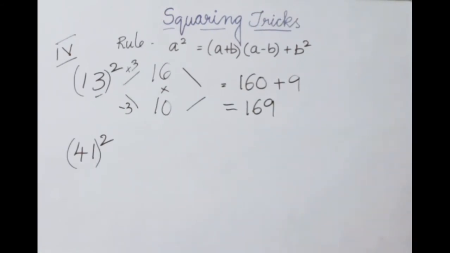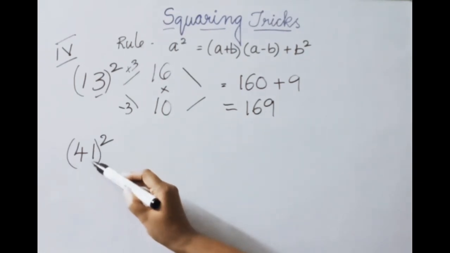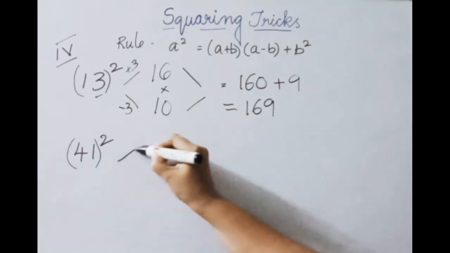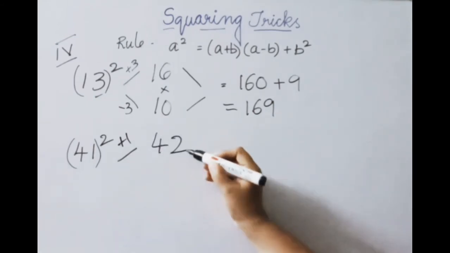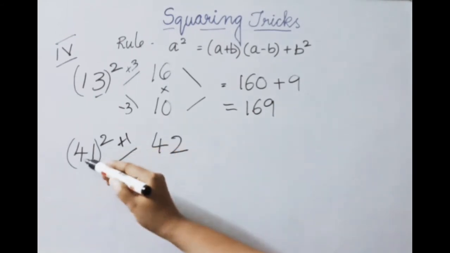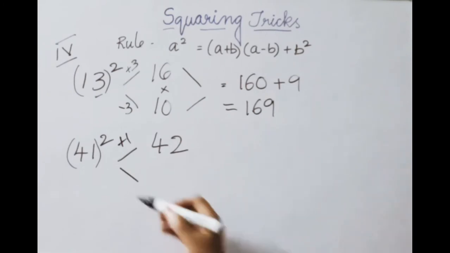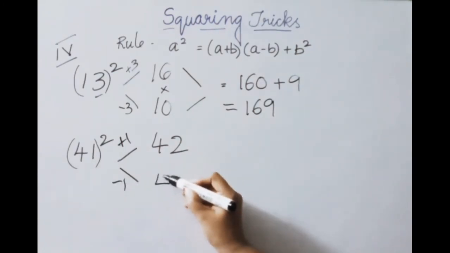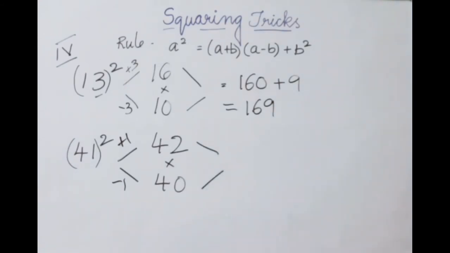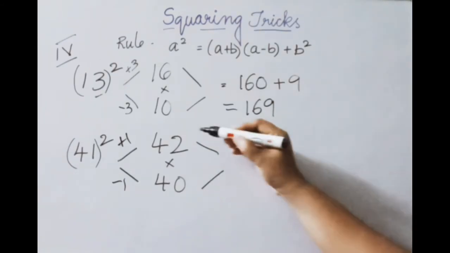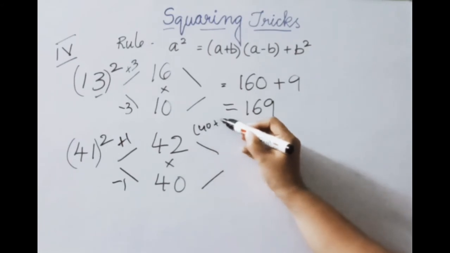See the next example, 41 square. For 41, what is the excess value here? 1. Add that 1: 41 plus 1, answer is 42. And subtract this 1 from 41: 41 minus 1, answer is 40. Now multiply those two values. 42 can be written as 40 plus 2.